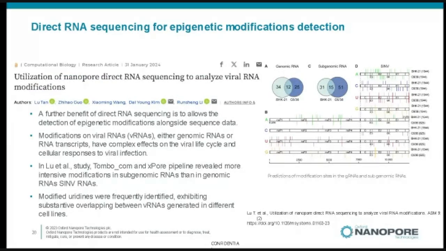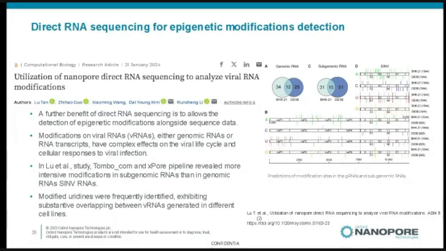In addition to poly-A tail sequencing, a further benefit of direct RNA sequencing is viral RNA sequencing for the detection of modification. It allows the detection of epigenetic modification alongside the sequencing data. Modification on viral RNA, either genomic RNA or RNA transcripts, has complex effects on the virus life cycle and the host response to viral infection.